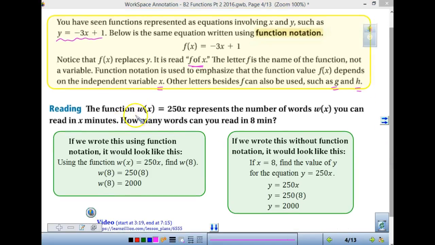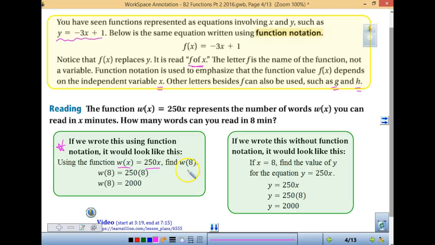So here they use w. The function w of x equals 250x, and it represents the number of words you can read in x minutes. How many words can you read in 8 minutes? Well, if we're writing this in function notation, we're going to start with w of x equals 250x, because we're reading 250 words per minute.